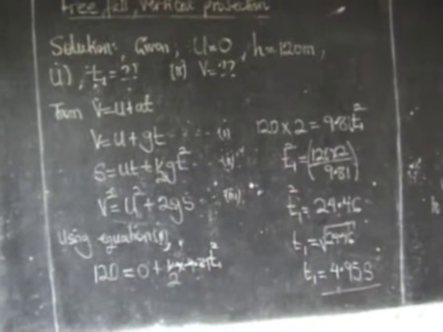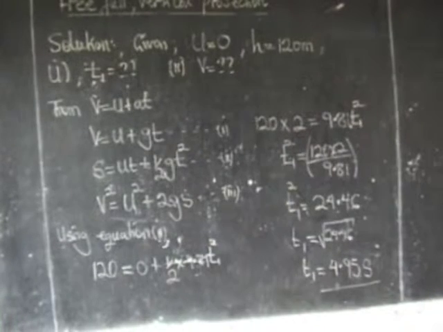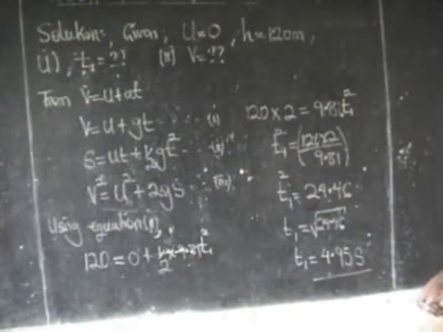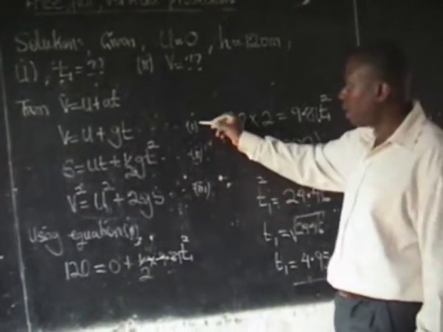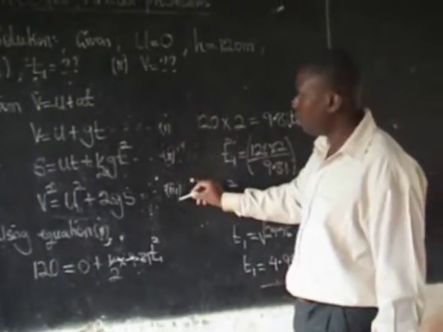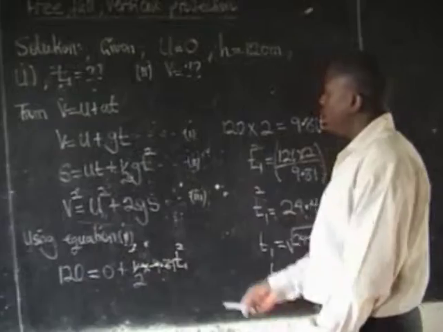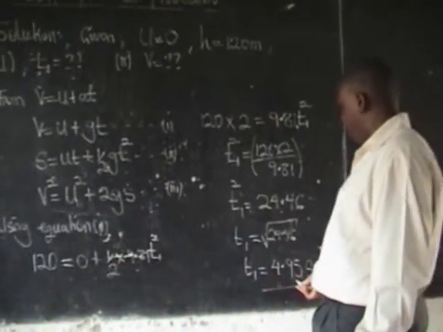So you have to think of an equation which has velocity in it. Now, when you look at our three equations, the first, the second and the third can all be used to calculate the final velocity. However, if we are to use the first one, then the time which we shall substitute will be the time we've got here.